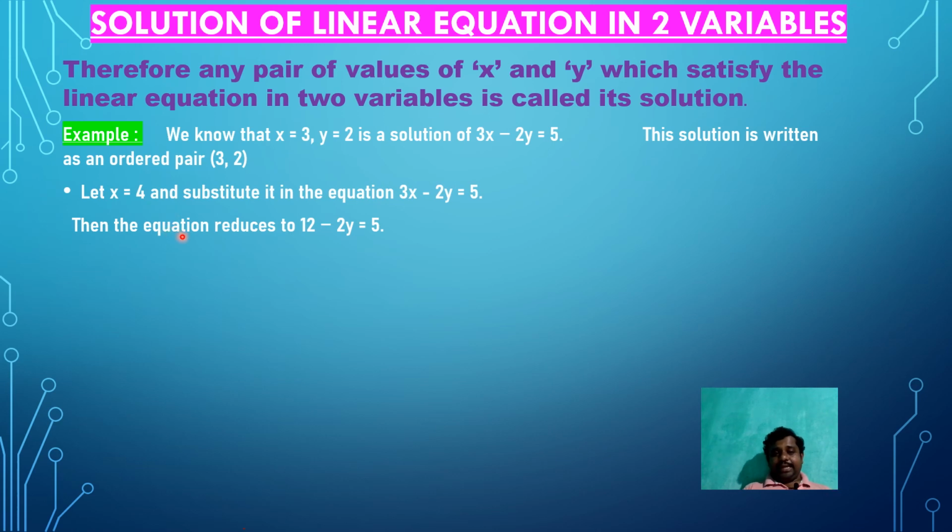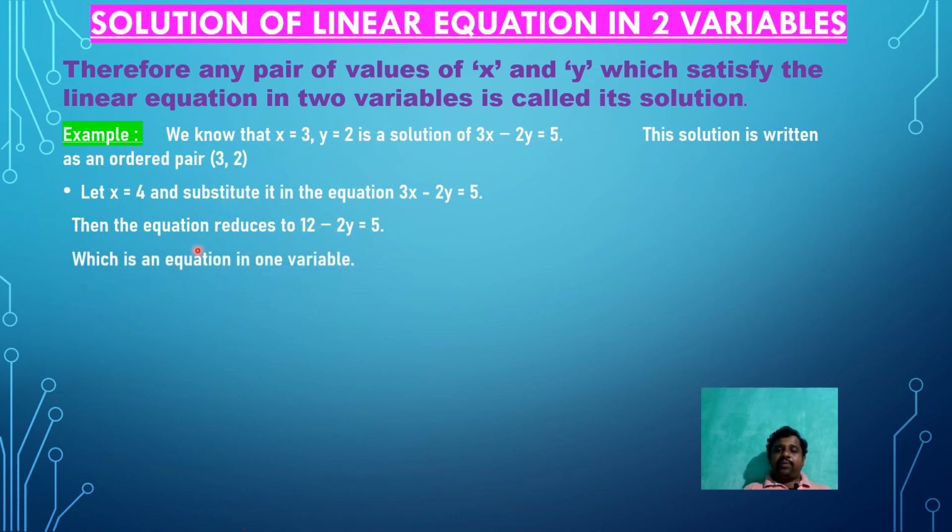Let me recall our 9th class concept. If x is equal to 4, what is the value of y? What is the solution for 3x minus 2y is equal to 5? If we substitute x is equal to 4, 3 times 4 is 12, so 12 minus 2y is equal to 5.